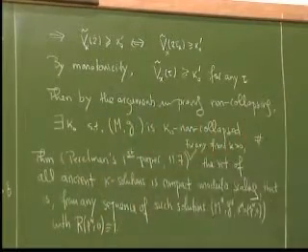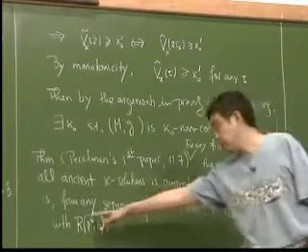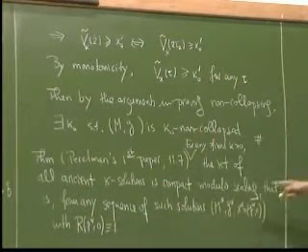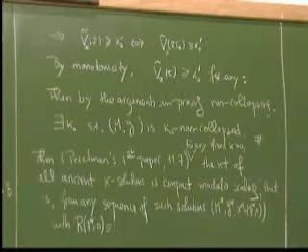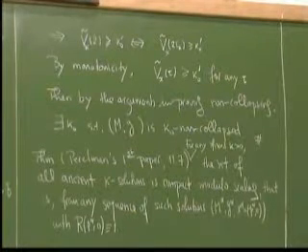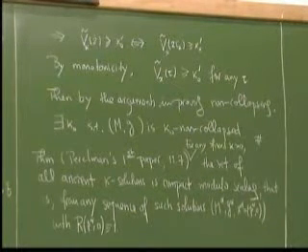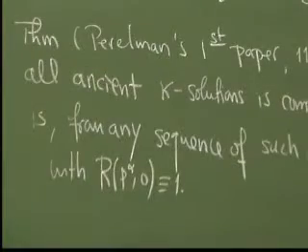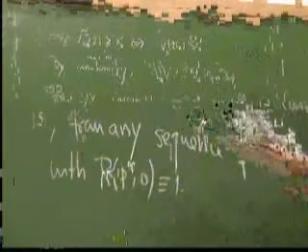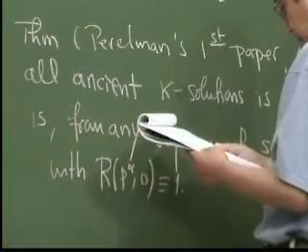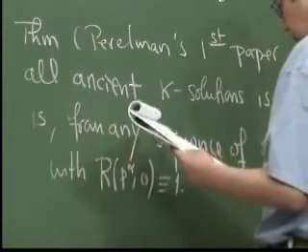Okay, so R alpha here means the scalar curvature of the corresponding g alpha. So it has a convergent subsequence.